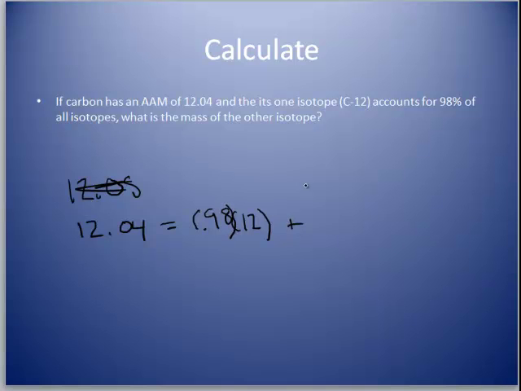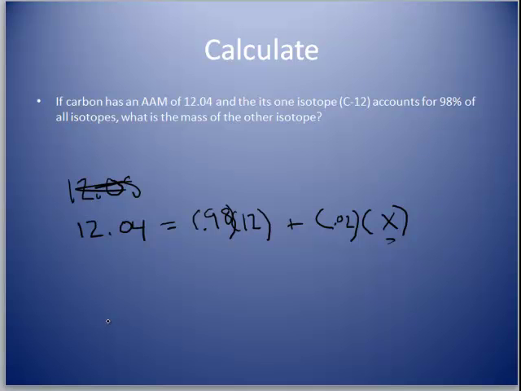It says what's the mass of the other isotope? So now we're looking for that unknown mass, and if that's 98%, this percentage would have to be 2%, which would be 0.02.